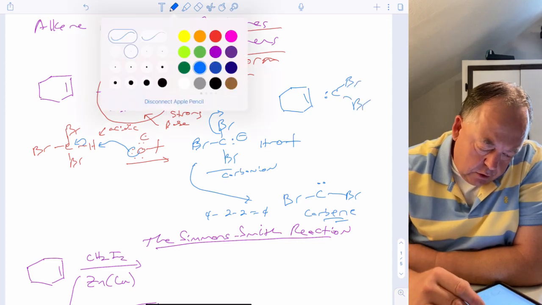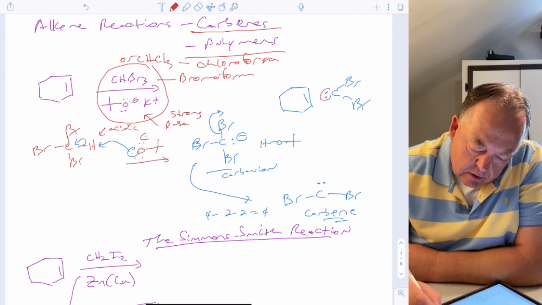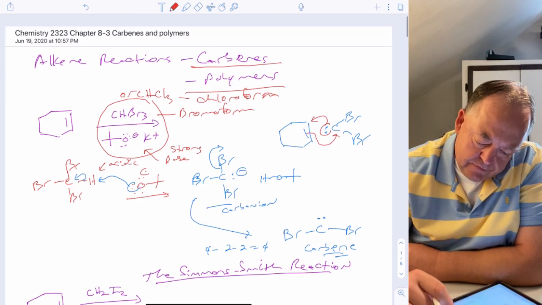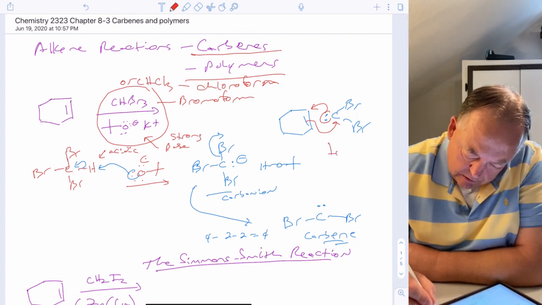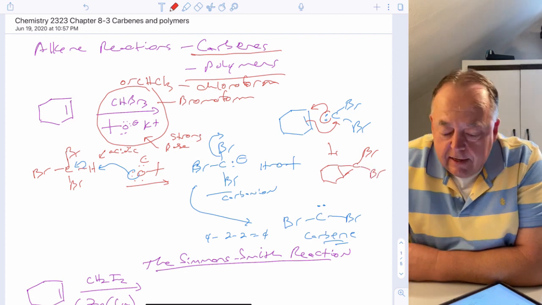So we're going to take the 2 electrons on carbon, make a bond to carbon, and take the pi electrons and make a bond to carbon. And then that's your product.